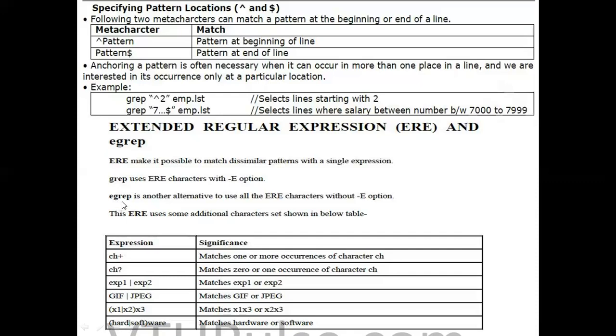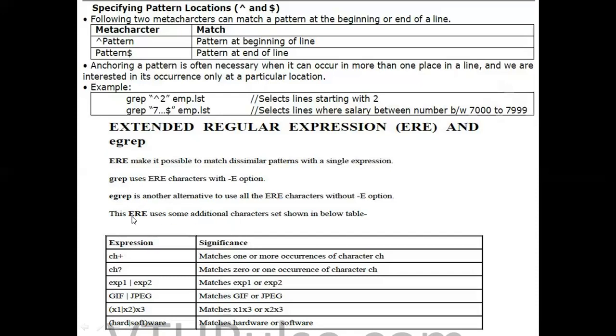If I don't want to use the egrep command, then you can use the basic grep command, but with the option minus capital E, in order to include different or dissimilar patterns within a single expression.